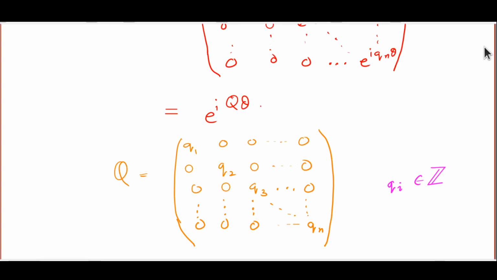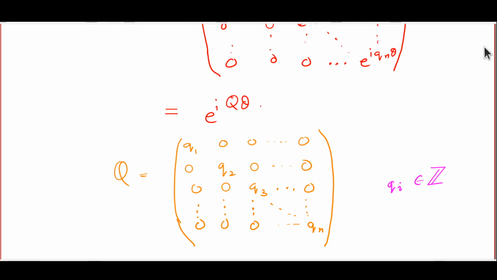For reasons which will be clear later, it is often very useful to look at infinitesimal versions of these transformations. In particular, exactly what happens when you rotate in a plane by a very tiny angle, or in terms of the U1 group, what happens to this quantity e to the i theta and the corresponding representations when theta is very tiny.